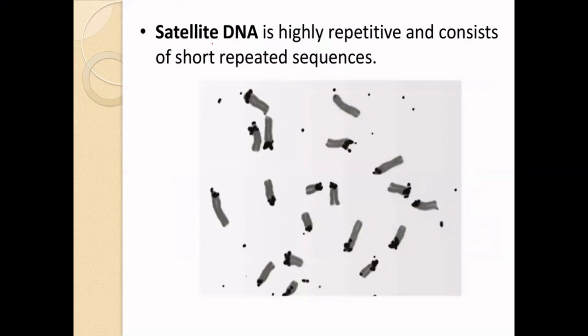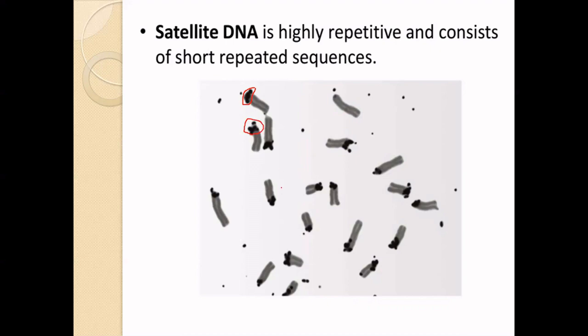Now, if we come to the satellite DNA, which is a highly repetitive DNA, it consists of short sequences repeated a large number of times. These are the satellite part of the DNA.